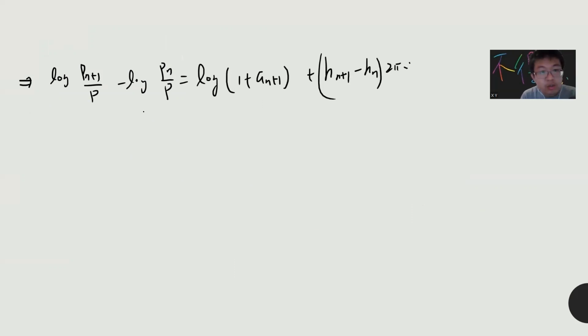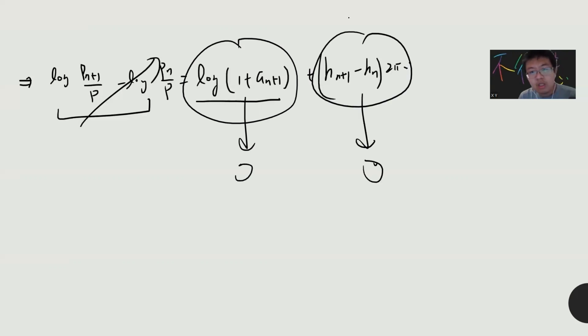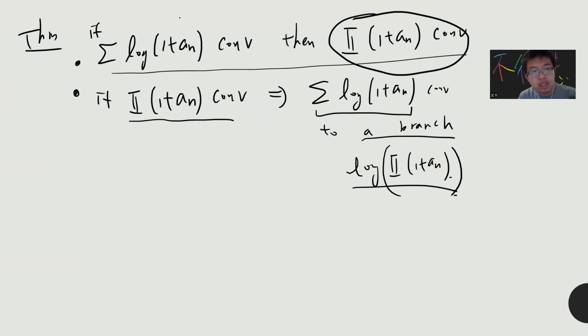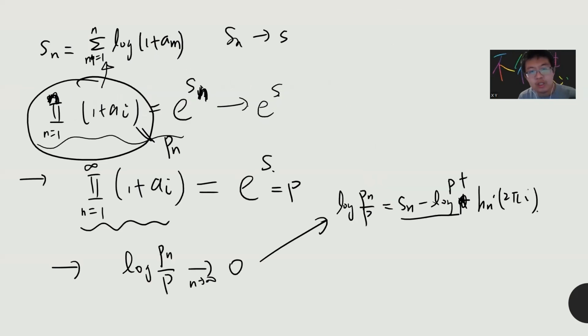We know that this guy goes to 0 as n goes to infinity, and this guy goes to 0. By our assumption, we already know that the product of (1 + a_n) converges, so as n goes to infinity, this guy will go to 0.